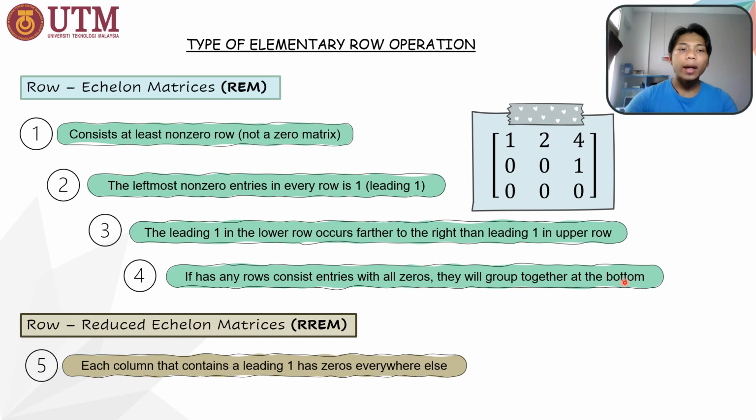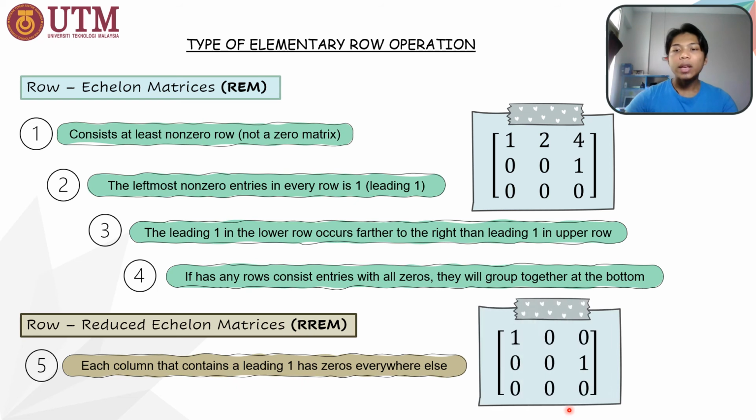Right. And the last one, for the row reduced echelon matrices, RREM, the properties are the same as row echelon matrices, REM, but we include another property, which is that each column that contains a leading one has zeros everywhere else. So you guys can see that for the leading one, the entries below it are 0. For the right one, you guys can see the upper and the below of the leading one is 0.